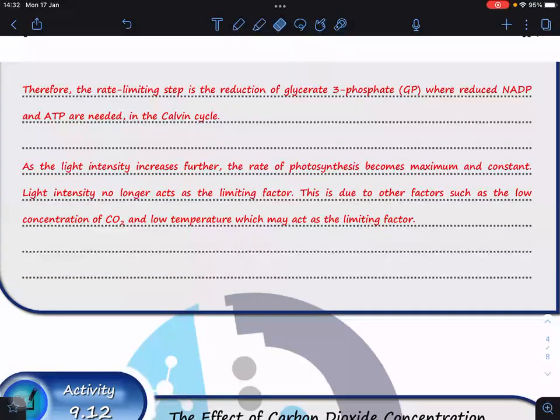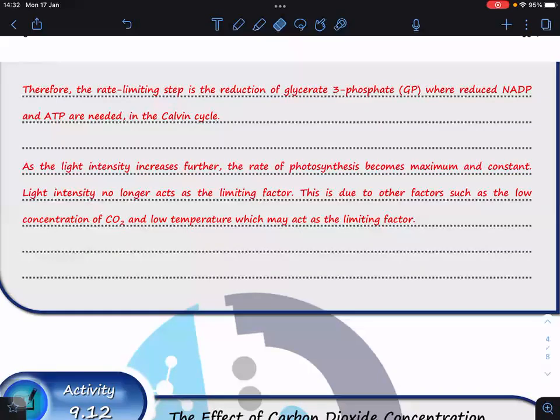Now, what do you expect to see for the concentration of GP and TP in this condition, when the light intensity is low? Yes, GP will be high, TP will be low. RuBP? Low or high? This is a commonly asked question.